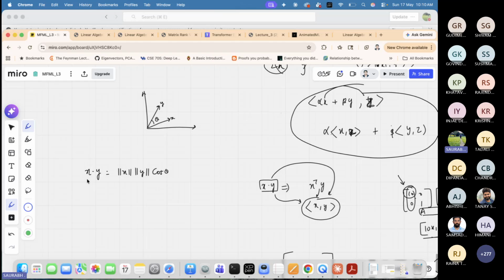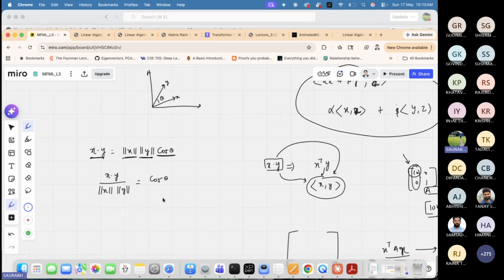When you take the dot product between them, it is actually the same as taking the length of the first vector, the length of the second vector, and multiplying it with the cos of the angle between them. Or you can also rewrite it as x dot y divided by the length of x times the length of y is equal to cos theta, right?